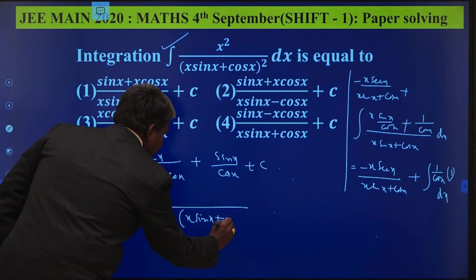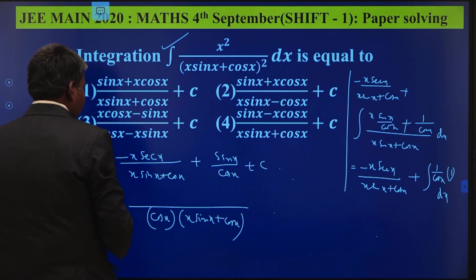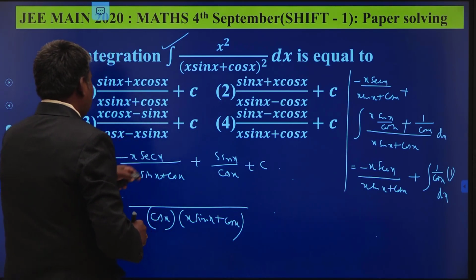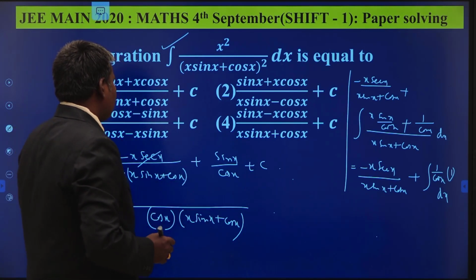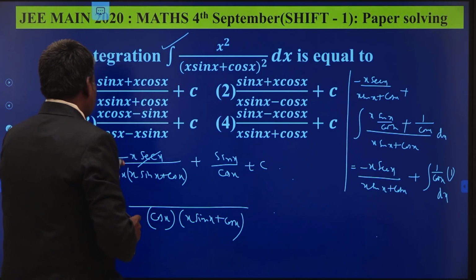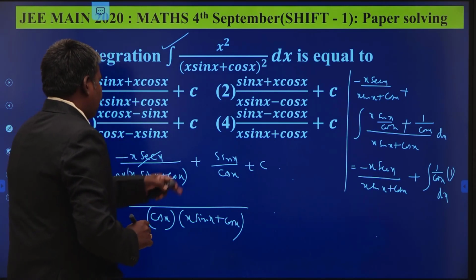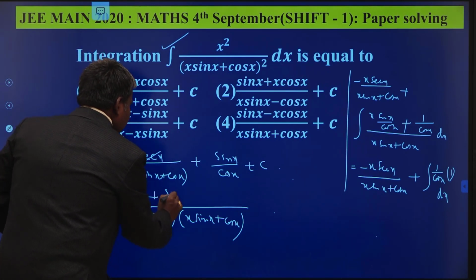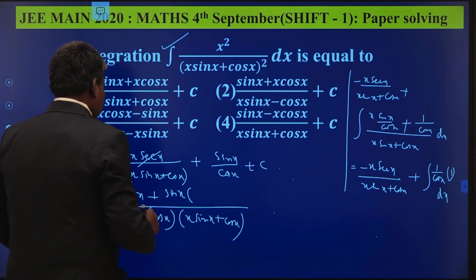x sin x plus cos x. So we have this can be written as x by secant x is nothing but x into cos x. You may write. The LCM is cos x into x sin x plus cos x. That is minus x plus sin x into x sin x plus cos x.